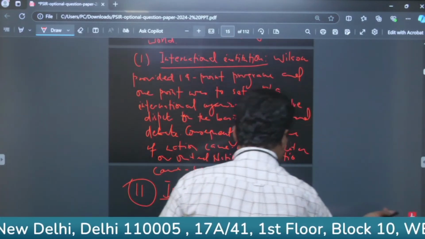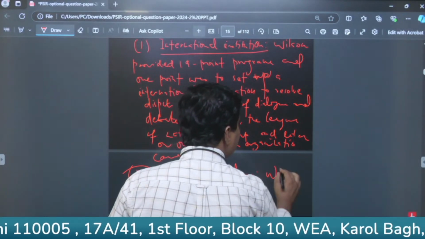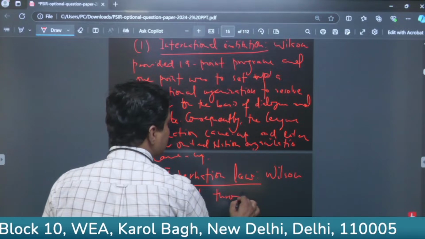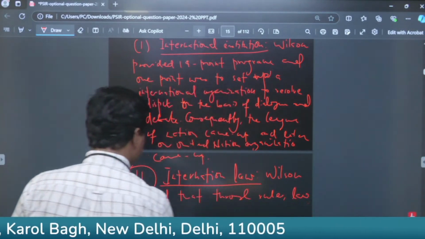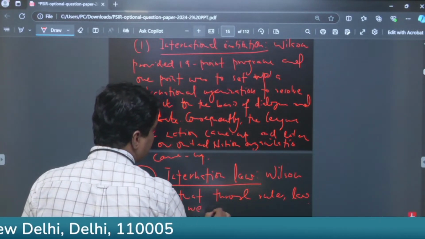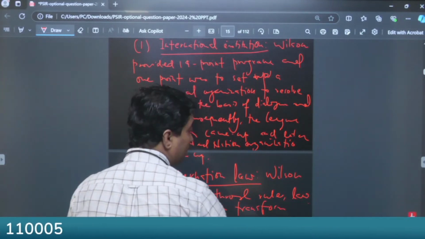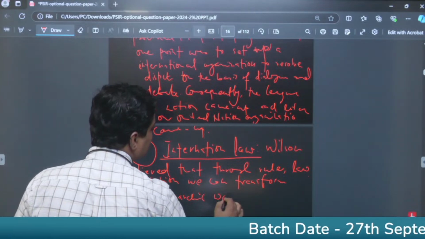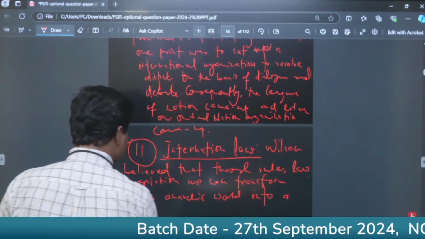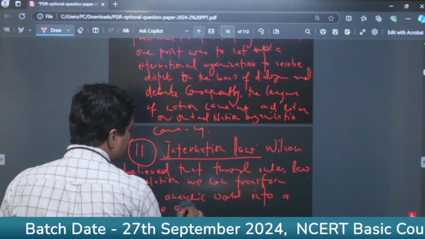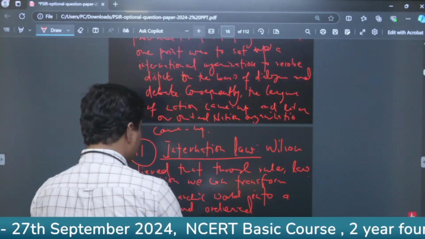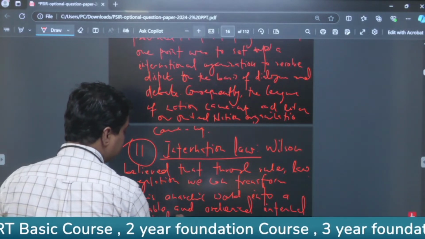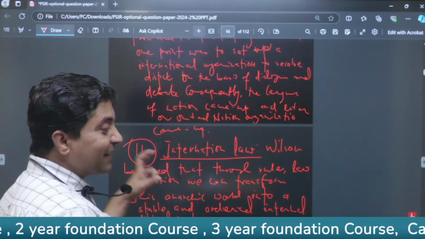So Wilson believed that through rules, law and regulation, we can transform this anarchic world into a stable and ordered international political system. So these were the basic tenets of Woodrow Wilson.